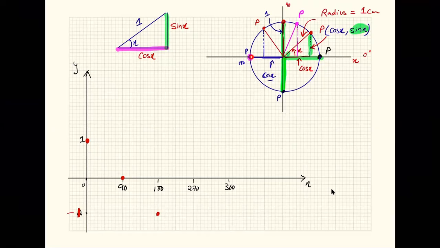Now further, if it travels till here, what is this distance going to be? 0. It's going to be 0. And at 360 degree, what is the horizontal distance going to be? 1. Okay.